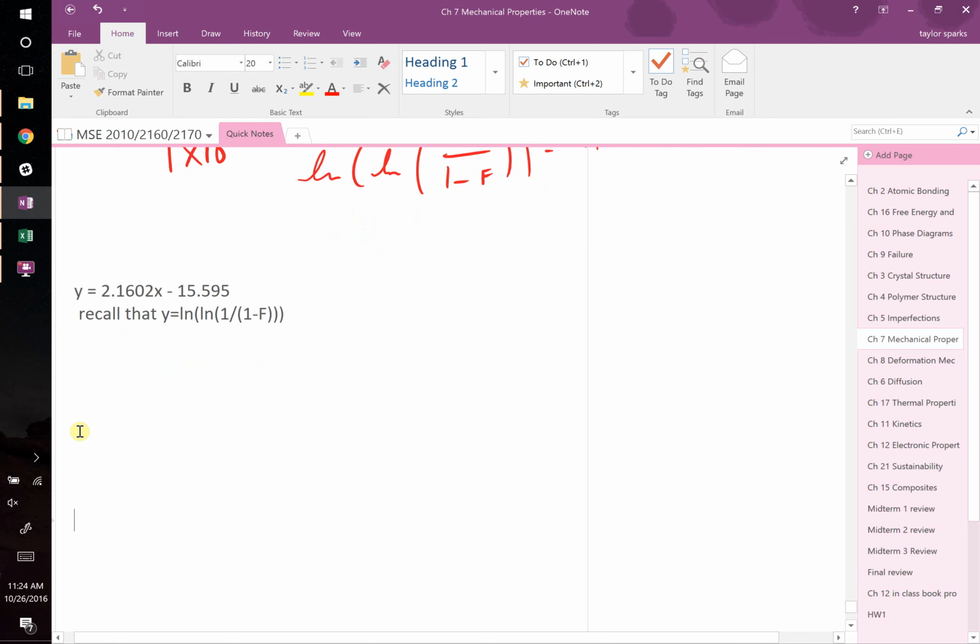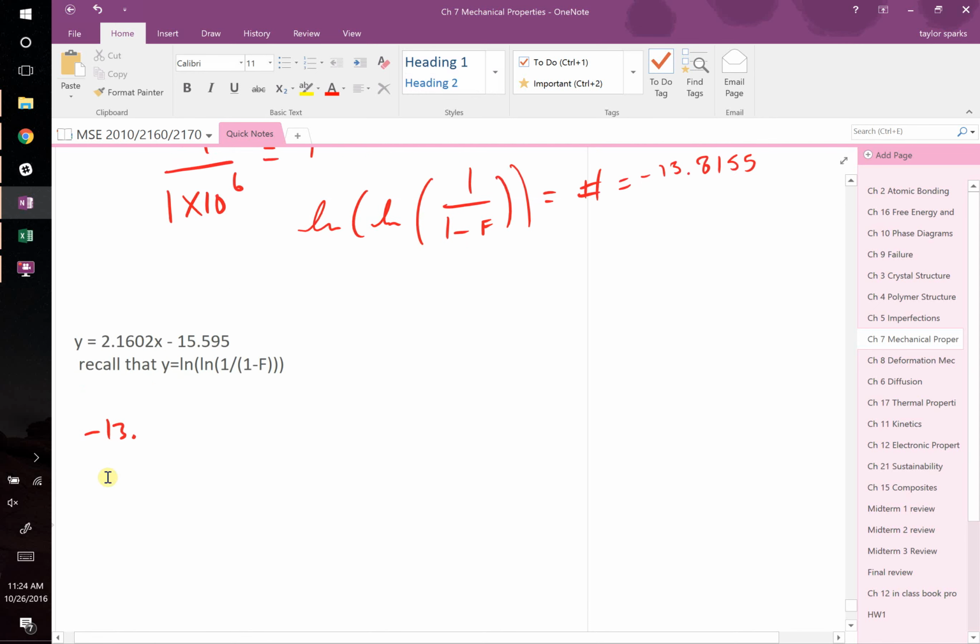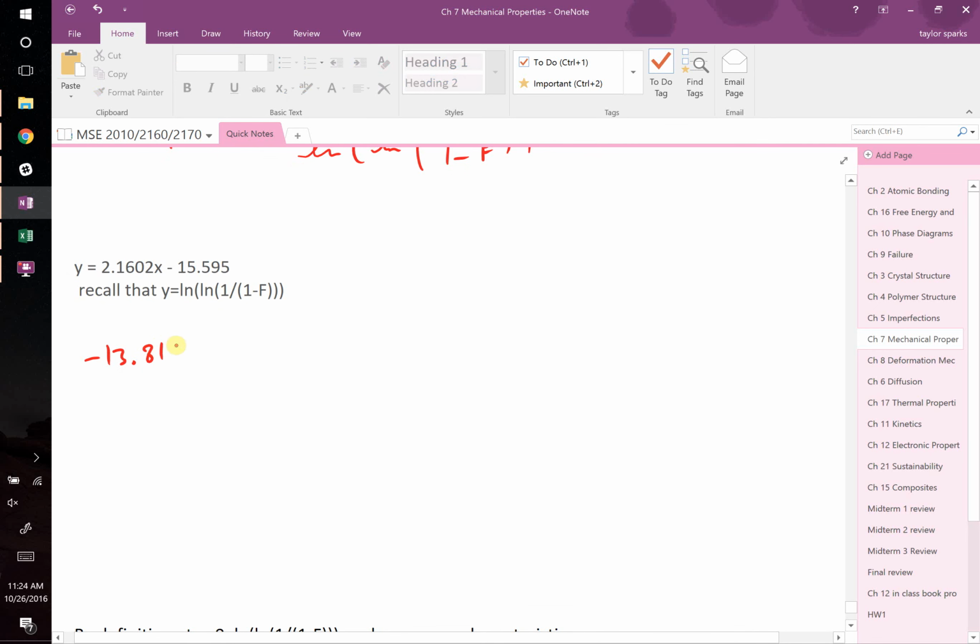We're going to say, all right, negative 13.8155 needs to be set equal to 2.1602 x minus 15.595, right?